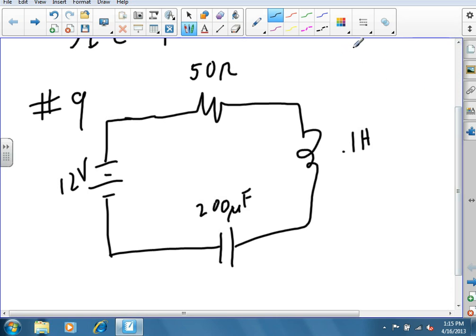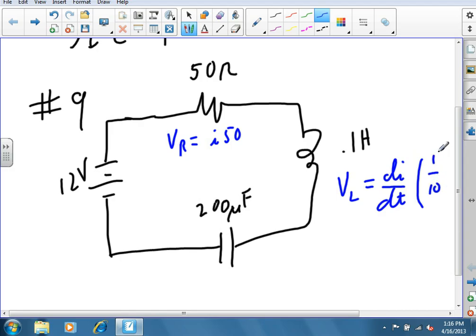Well, V is equal to IR. What more do we want? All right, so the voltage across the resistor is I50, also known as IR. The voltage across the inductor is L di/dt, or 1/10.